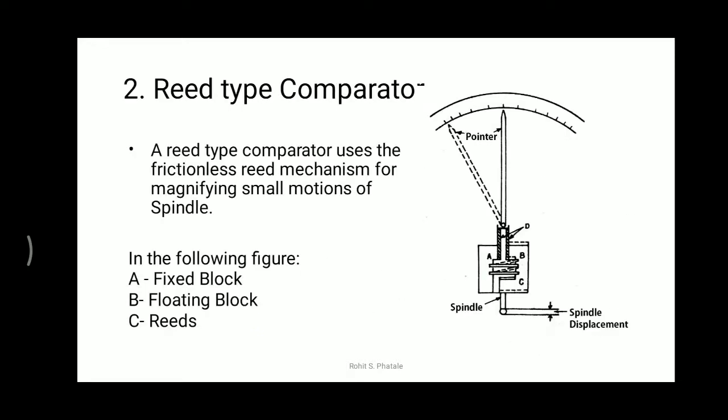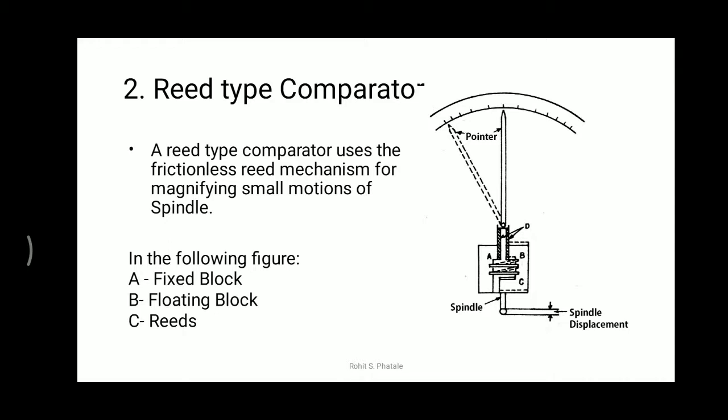In this case, the spindle is here. What is the function of the spindle? The spindle is the part which gives input to the instrument, or to this comparator. Over here you can see the spindle displacement is shown.